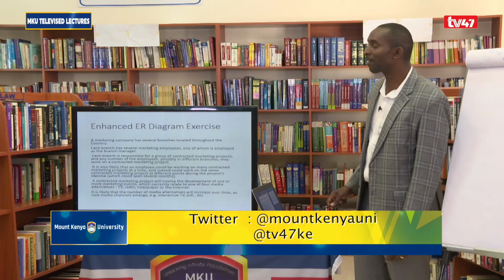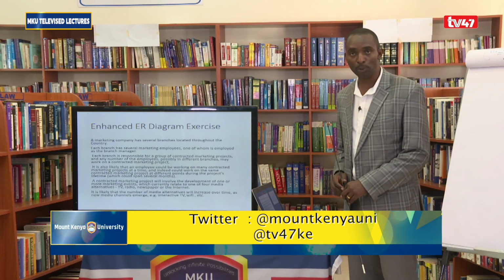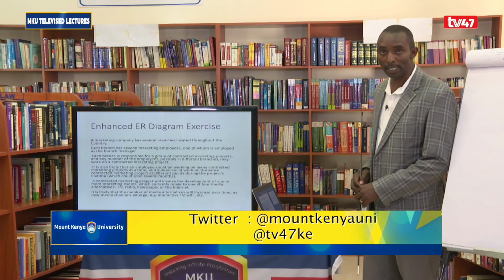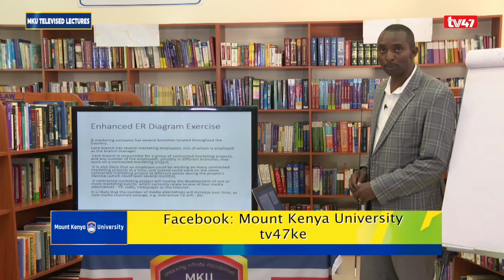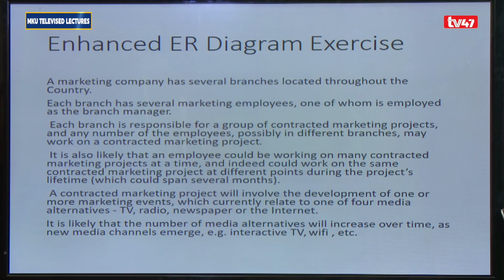So we have an example here. I would like us to have a look at an example so that we can fully understand the concept of enhanced entity relationship diagrams. A marketing company has several branches located throughout the country. Each branch has several marketing employees, one of whom is employed as the branch manager.